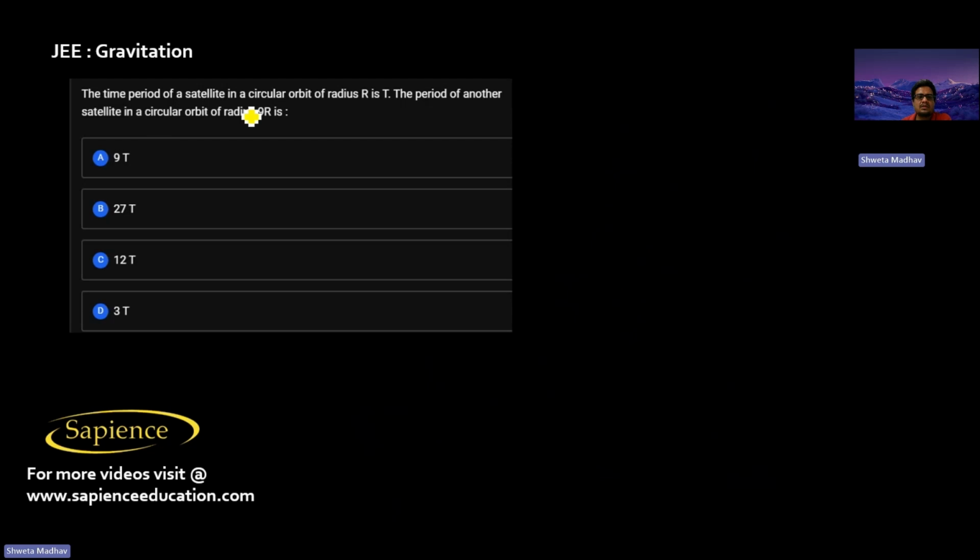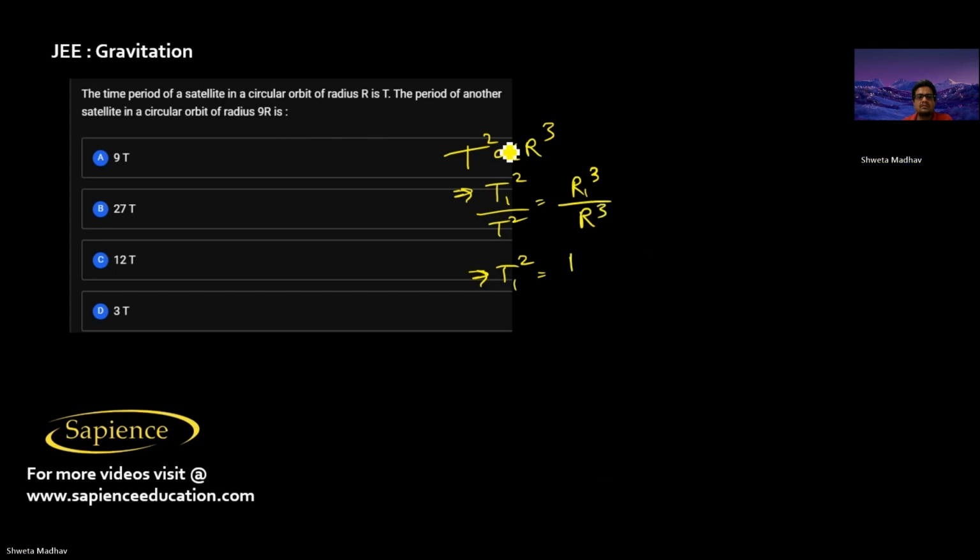Then it is told the time period of a satellite in a circular orbit of radius r is T. The period of another satellite in a circular orbit of radius 9r is? As we know, T² is proportional to r³. So T1² by T² is equal to r1³ by r³. Therefore T1², the period of the satellite having radius 9r, will be equal to (9r by r) whole cube into T². r will cancel out.